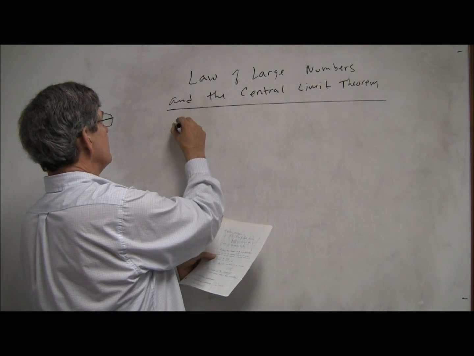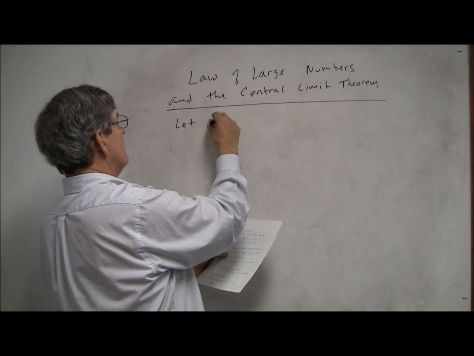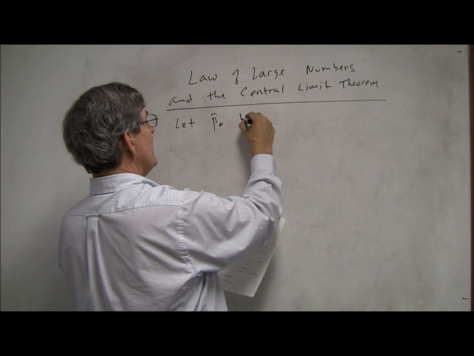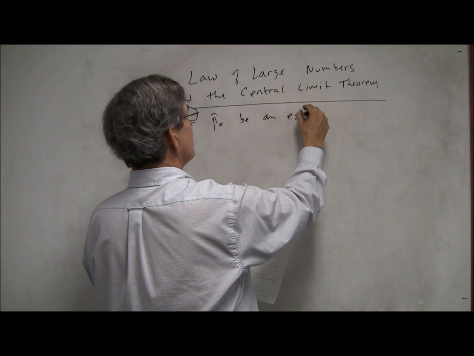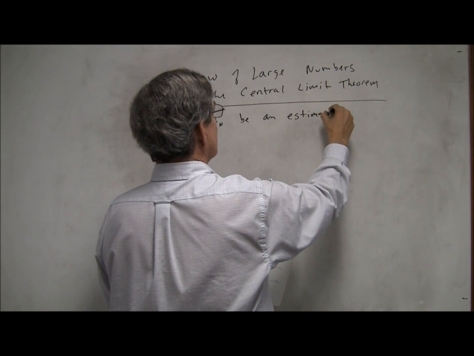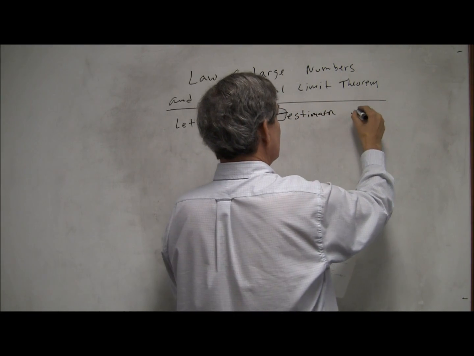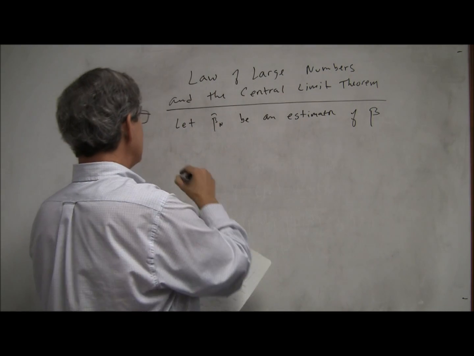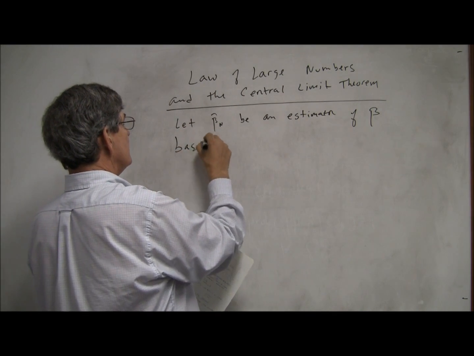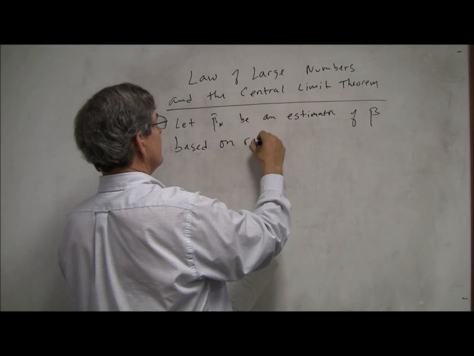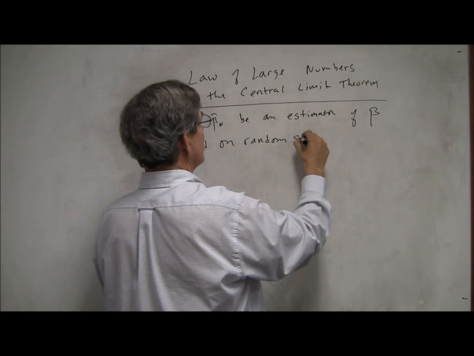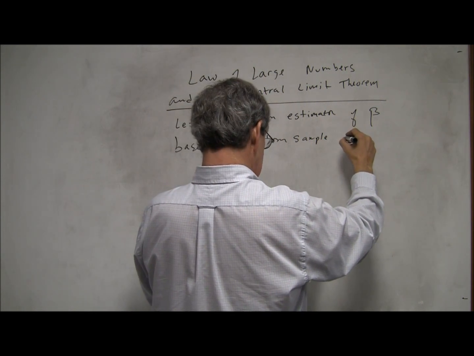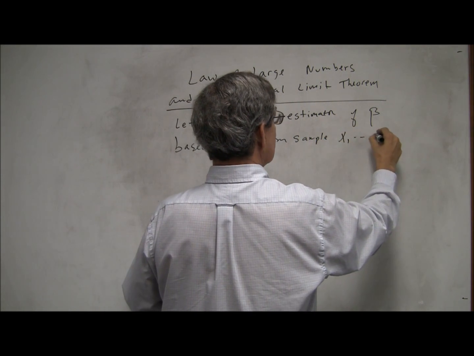So let beta hat n be an estimator of beta based on a random sample x1 to xn.